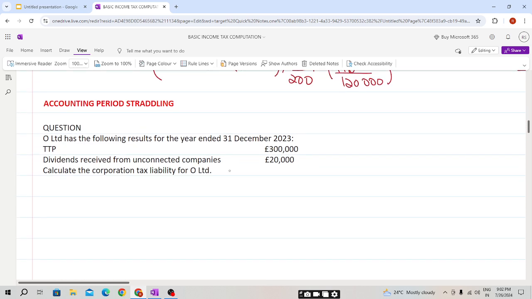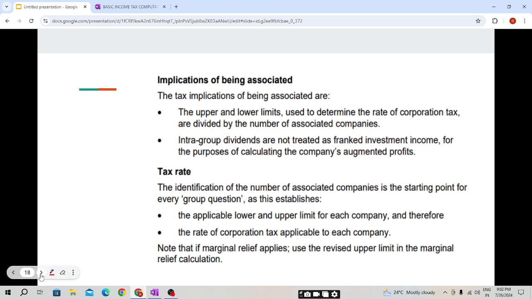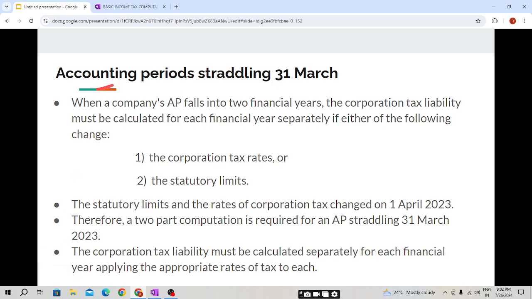Now coming to accounting period straddling. Accounting periods straddling 31st March. When a company's accounting period falls into 2 financial years, students, we have seen that the financial year will start from 1st April to 31st March.